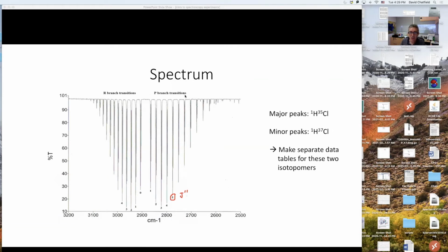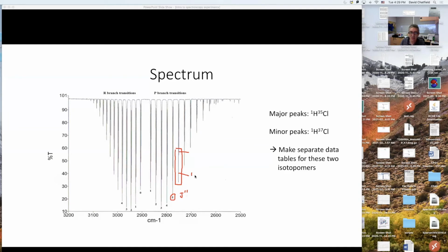Now you'll also notice, if you look closely, that every peak is really a double peak. I'll focus on this one, for example. You notice there's a tall peak, but there's also a smaller peak. That's because chlorine has two fairly common isotopes, 35 and 37.